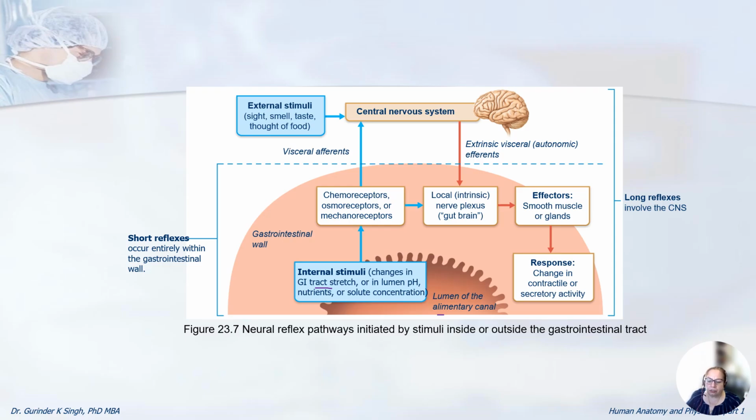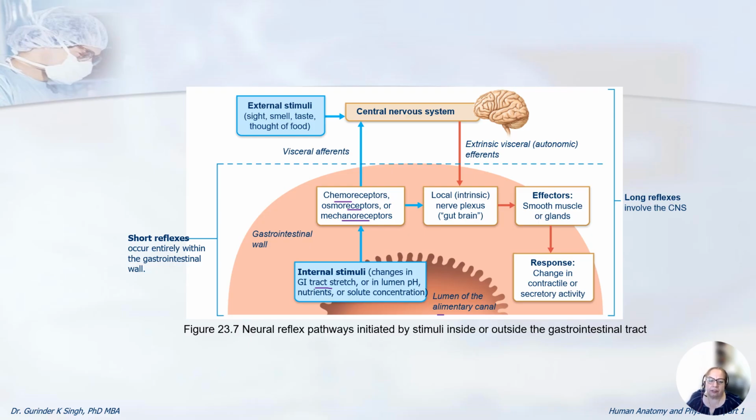The nutrient concentration varies, the solute concentration varies. Those changes are detected by chemoreceptors, which detect the chemical changes. The osmoreceptors respond to changes in electrolyte or salt concentrations, and mechanoreceptors check the stretching present.